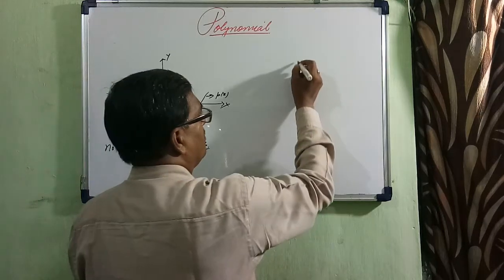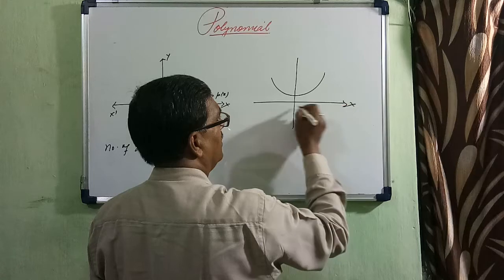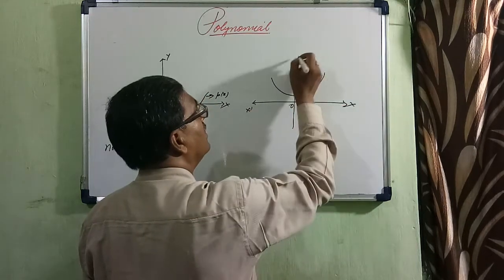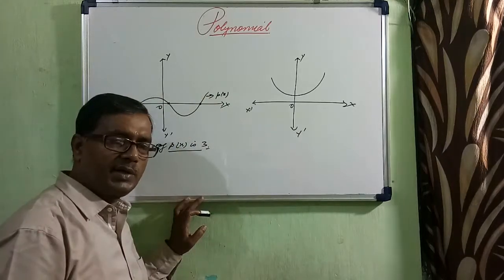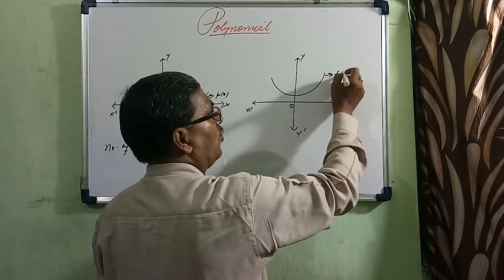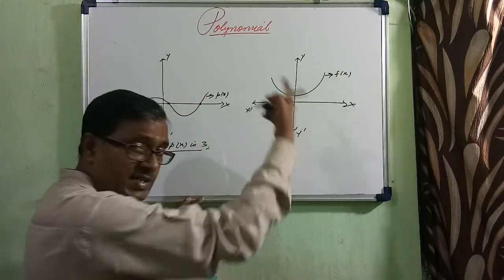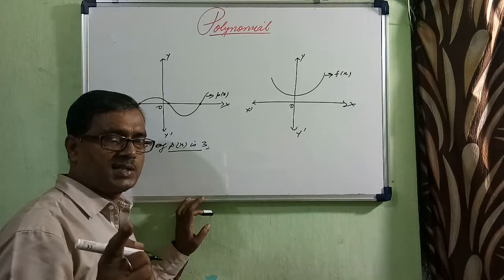Let us take another example. How many zeros are there? This polynomial will have no zero at all. Why? Because it does not intersect the x-axis. It must intersect the x-axis.